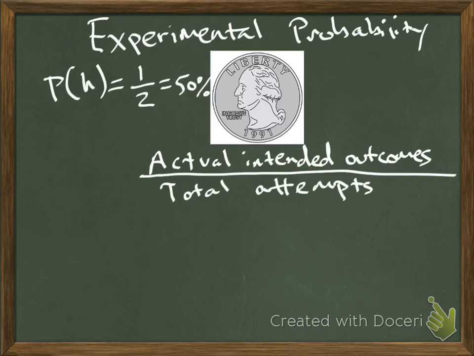Well, if we were going to do experimental probability for this, we know we would need to build a table that has our possibilities, heads and tails, and we need to record data showing what actually happened. So maybe here's an example of what happened when I flipped the coin a few times.